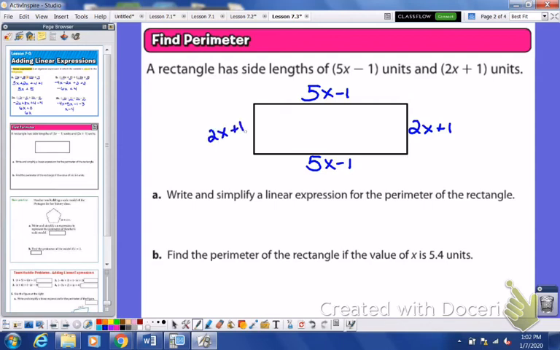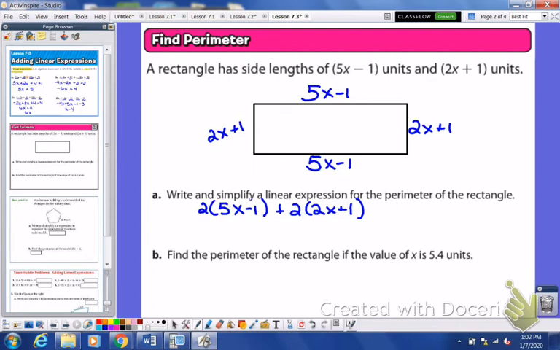So you could write this out, that you're adding all four of them together, but you could also do 2 times 5x minus 1 plus 2 times 2x plus 1. So there's my initial expression. Now I want to simplify, meaning that there are no parentheses and we have combined all like terms.